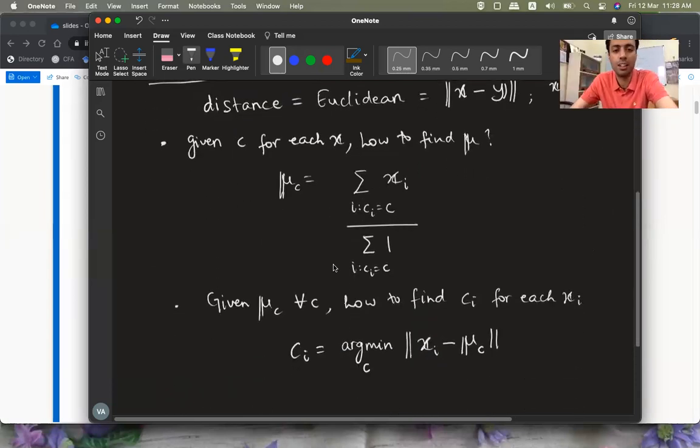I'm not asking how everything starts. I'm just saying if we somehow know mu, how do you find ci for each xi? And similarly, we saw if somehow you know the 3 clusters, how do you find the centroid?